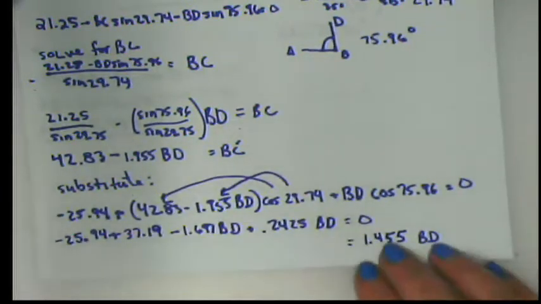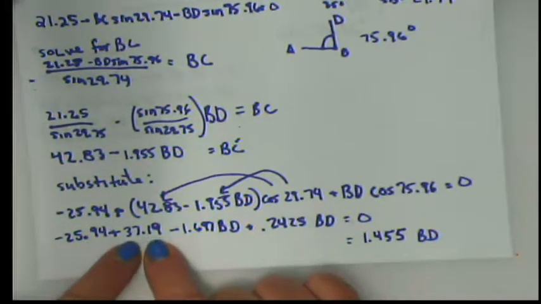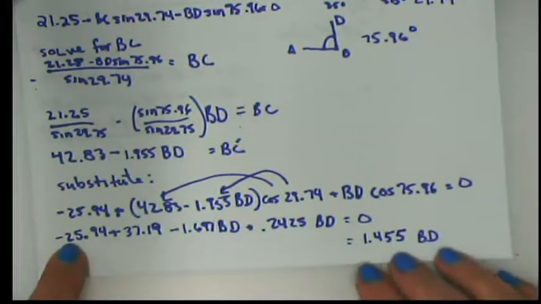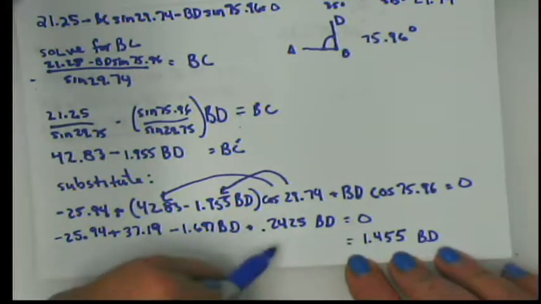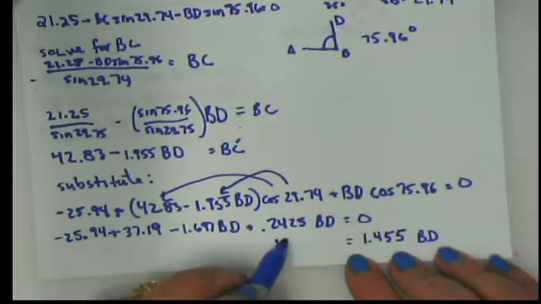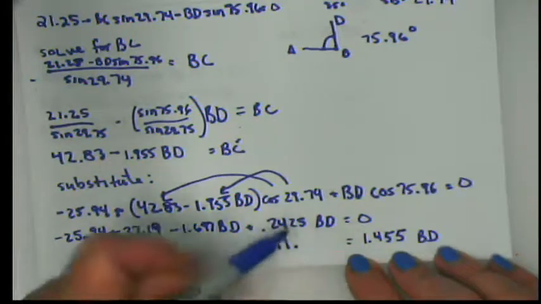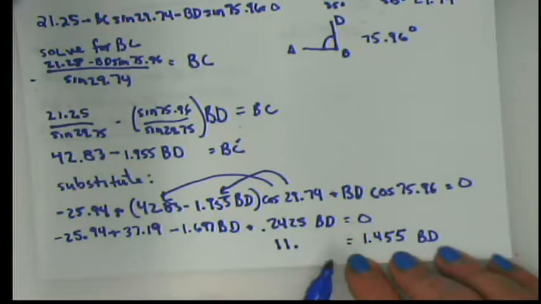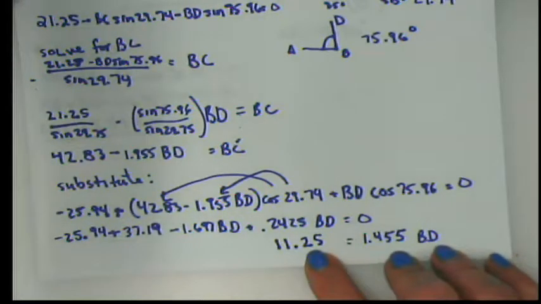Is that right? Is it 1.455? Okay. And that's going to be equal to the numbers 37.19 minus 25.94. Like that? Okay, good deal.